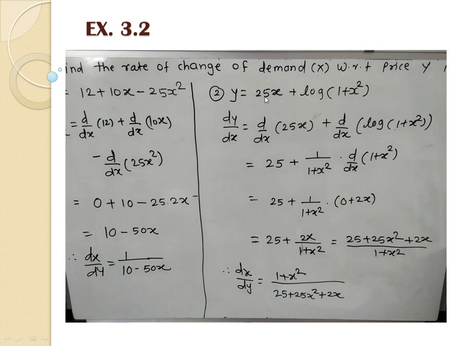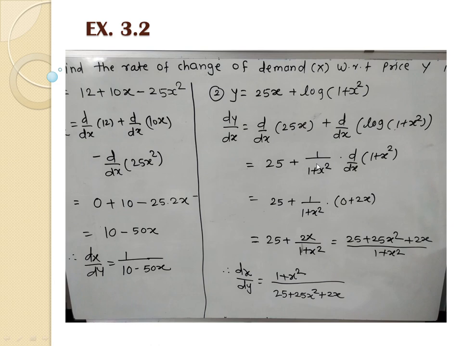If y is equal to 25x plus log of bracket 1 plus x square. So find dy by dx first, derivative of first function plus derivative of second function. Derivative of 25x is 25 because derivative of x is 1, so 25 into 1 plus log of 1 plus x square. Derivative of log function is 1 upon the function. So here the function is log of 1 plus x square.